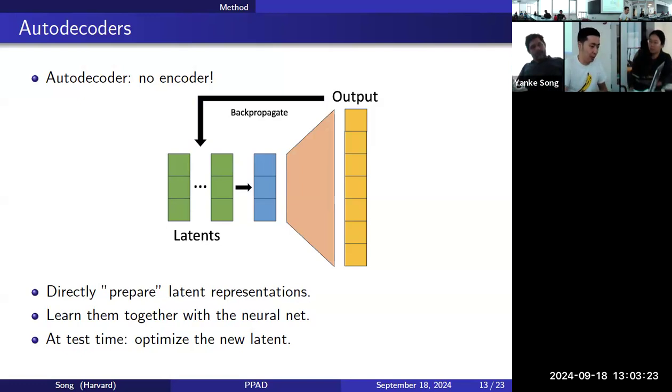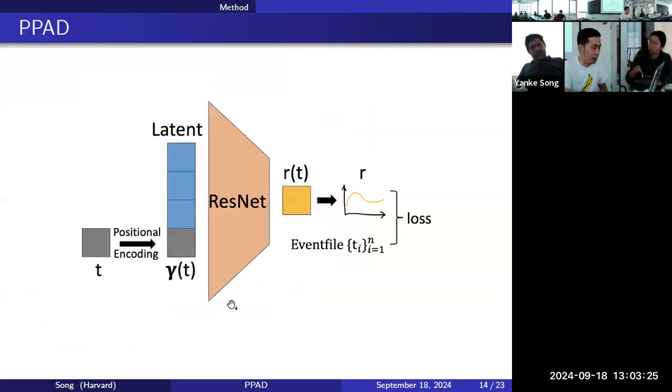This is an illustration of the full pipeline. I'm going to reiterate. Given any single time t, you do a sinusoidal embedding with different sines and cosines to produce a fixed length vector gamma. Now you prepare a latent randomly, and you concatenate gamma of t and this latent.